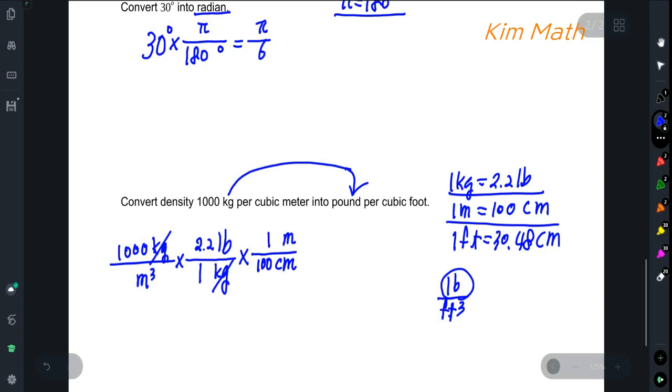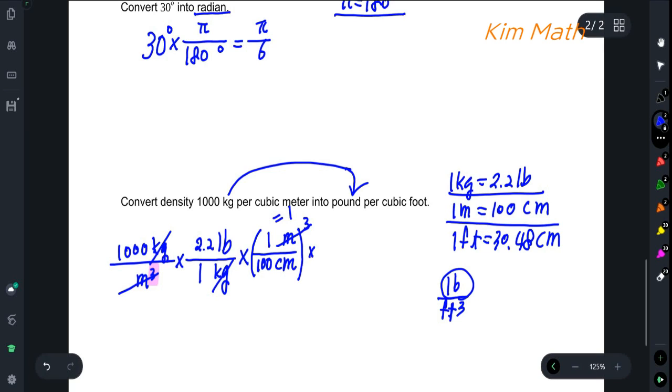But in this case, we must be very, very careful, because this is a meter cube, right? So to make a meter cube, this whole thing, we need a cube. But this is absolutely okay, because this is a unit fraction. So 1 cubed is also 1. Good? So now this meter cube and this meter cube will be cancelled out.